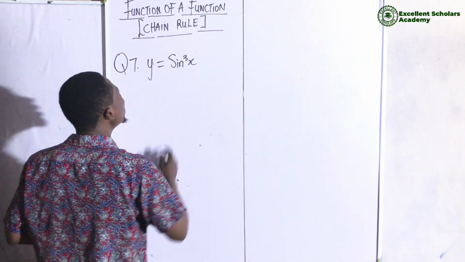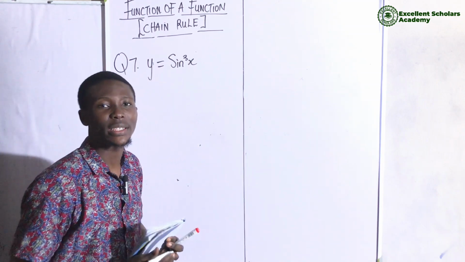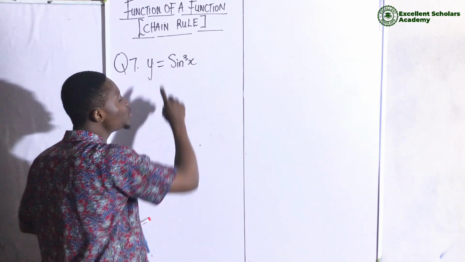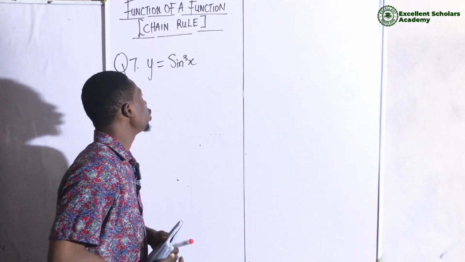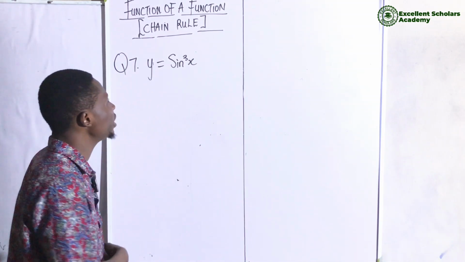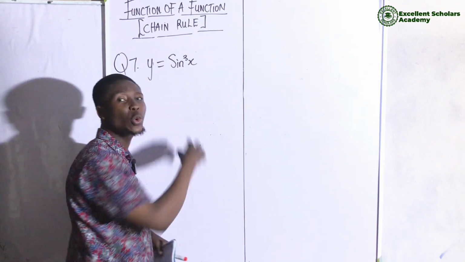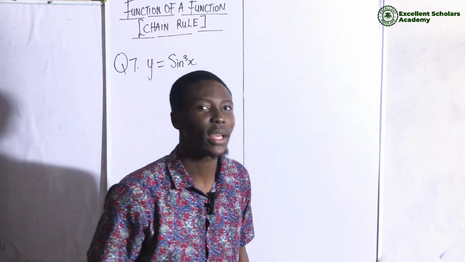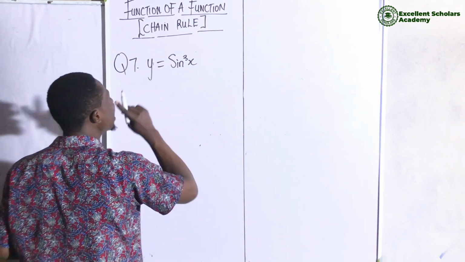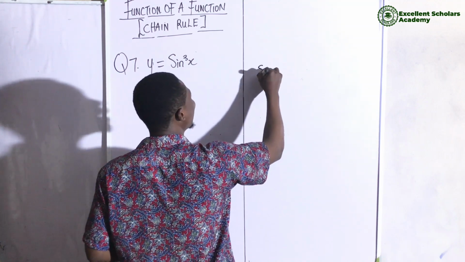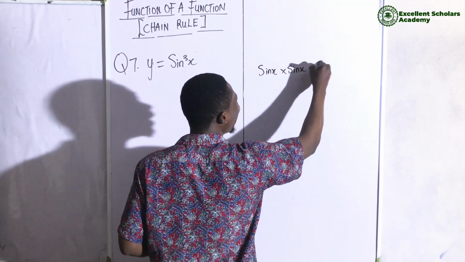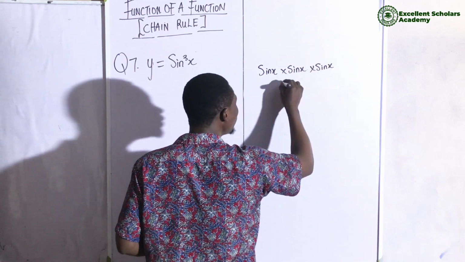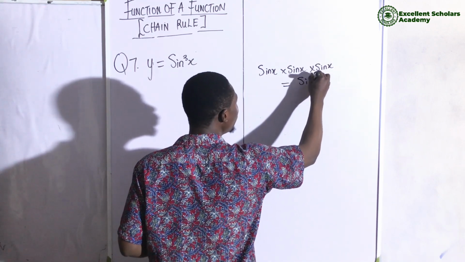y equals sine to the power of 3 x. That means sine cube x, or sine to the power of 3. So now, how do we differentiate this? This is sine cube x. Now, I want you to understand that it takes sine x multiplied by another sine x multiplied by another sine x to give us sine cube x.